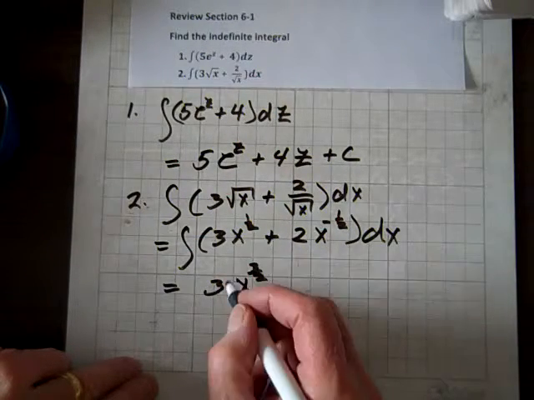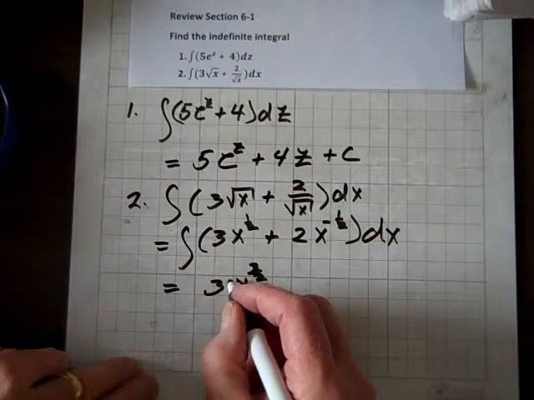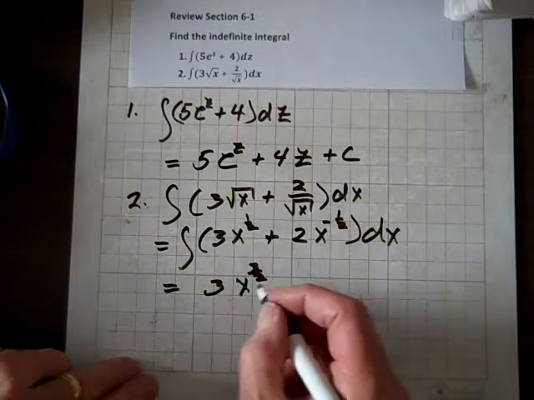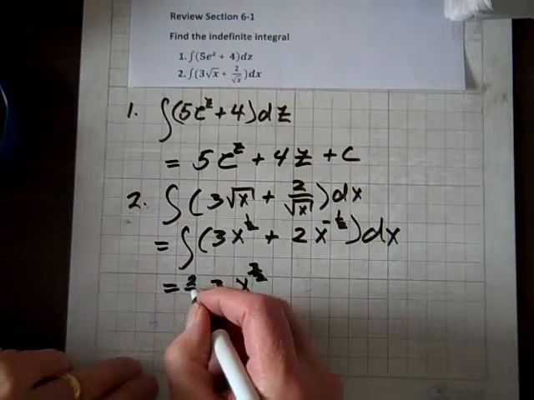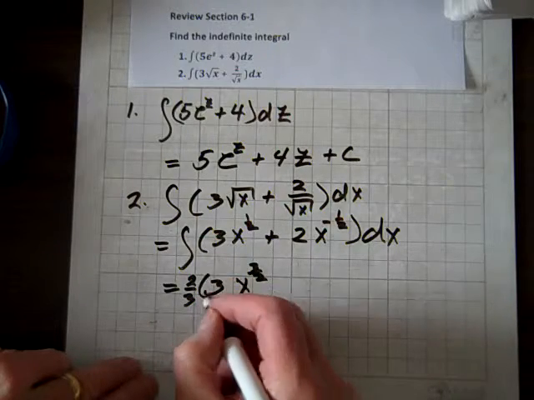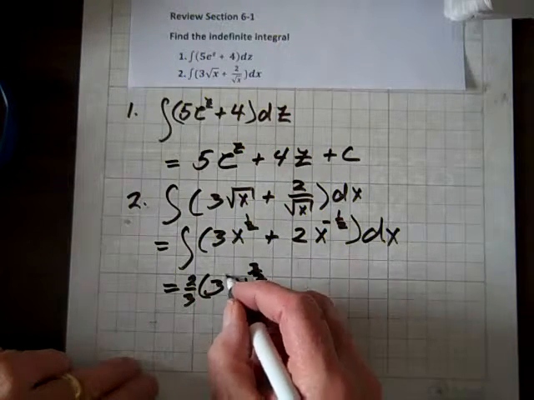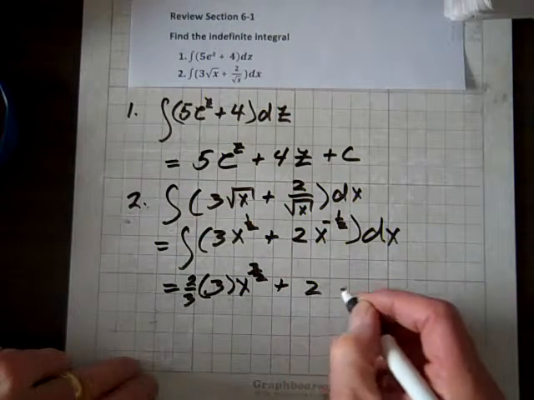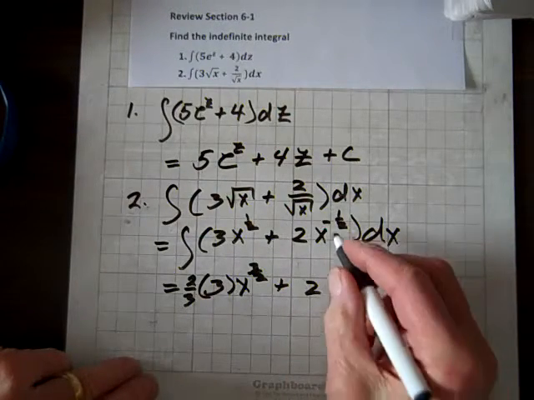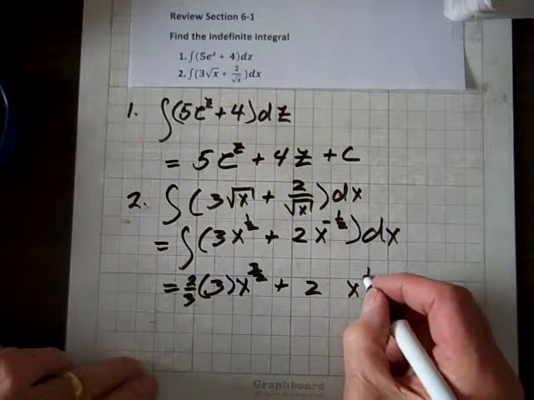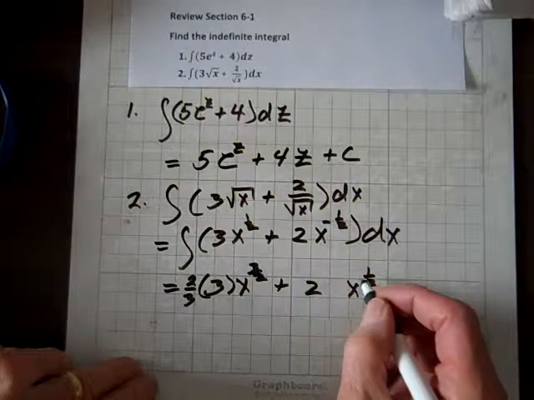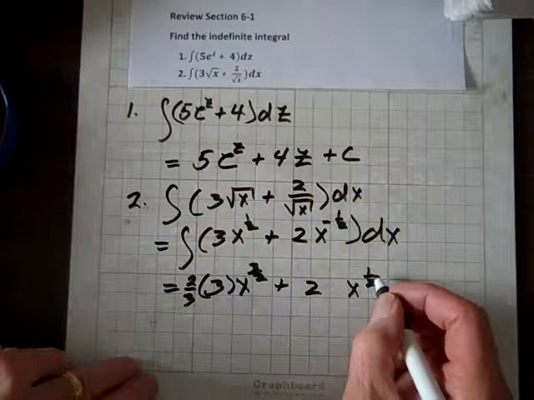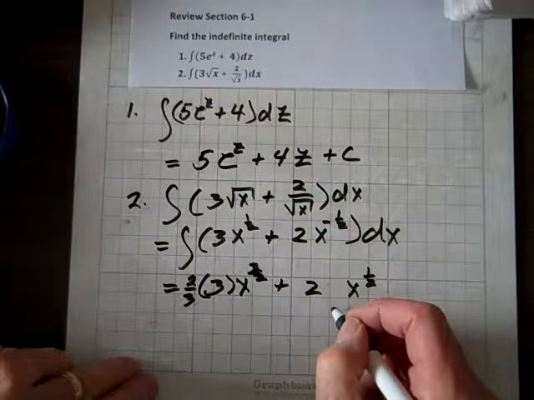But we don't have a 3/2 here, so there must have been a factor of 2/3 there. And plus, now 2, and we'll add 1 to negative 1/2 and get 1/2. If we took the derivative of that, we'd have to bring that 1/2 down.